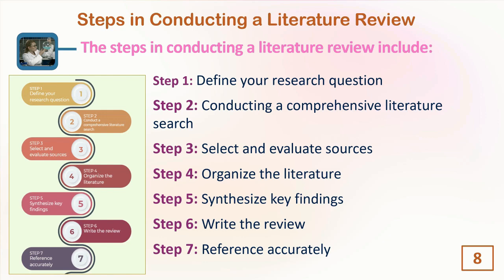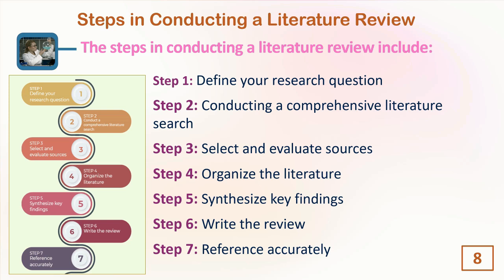This includes defining the research question. The first step is to define the research question. A research question guides the entire literature review process. It identifies the focus area, and sets the scope of what needs to be explored. The second step is to conduct a comprehensive literature search.